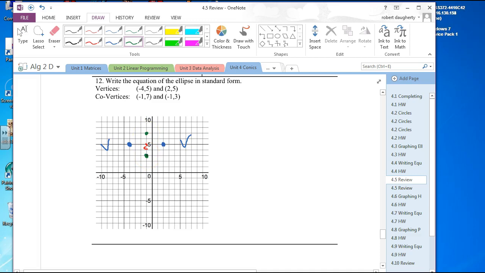So by definition, the distance from here to here, that will be A. And then the distance from here to here, that will be B. So what is A? A is 3. B is 2. And my center is (negative 1, 5).